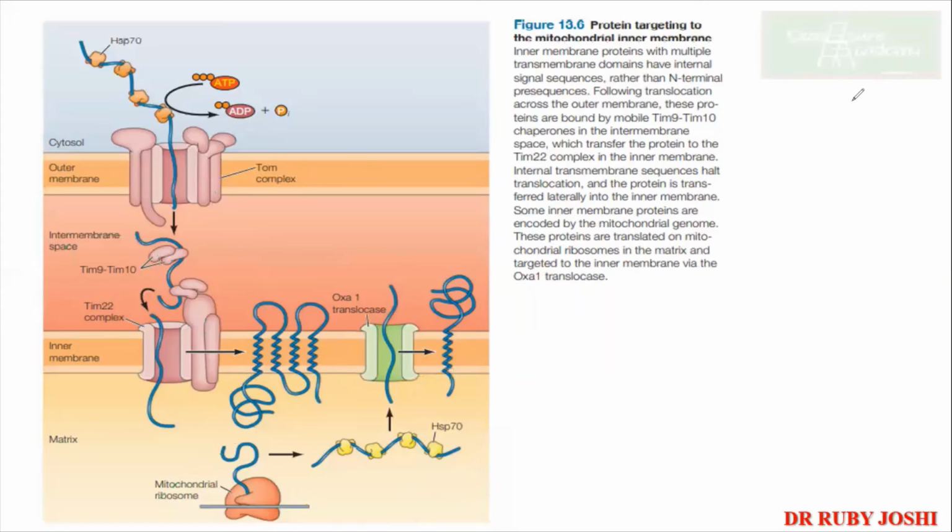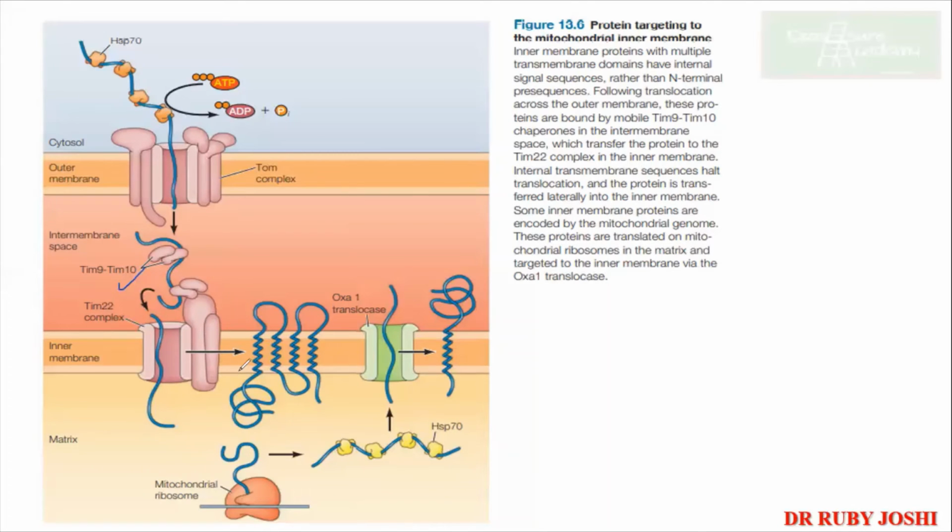Okay, Krishita, would you like to try explaining? Yes, so there is this protein which takes the assistance of HSP70. Then it would be targeted inside. When it is targeted, there is going to be hydrolysis of ATP, and for it to get inside, it has to align. There are two TIMs, TIM9 and TIM10, present in the intermembrane space. And then there is the TIM22 complex, which is going to allow that protein in.